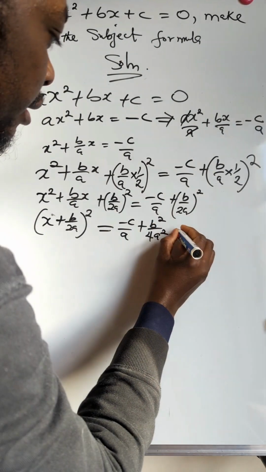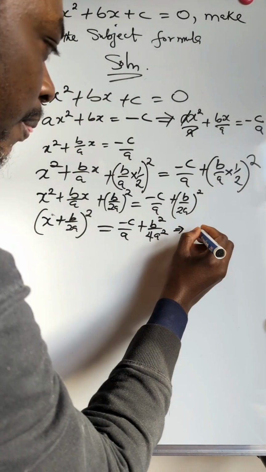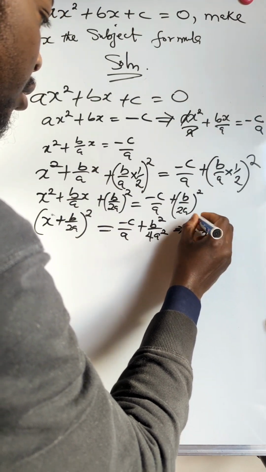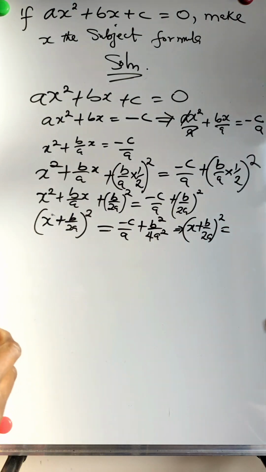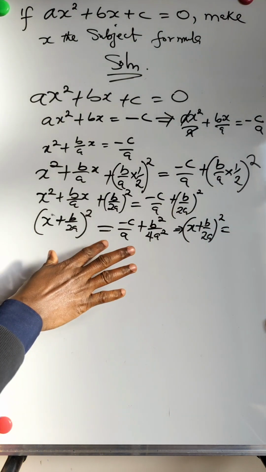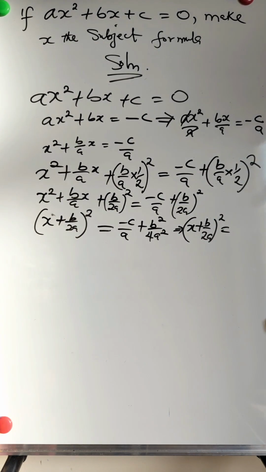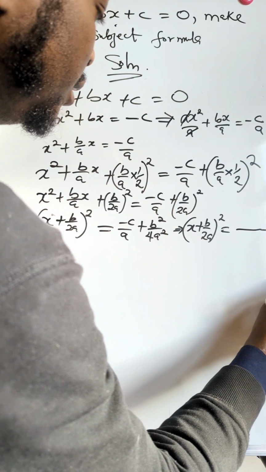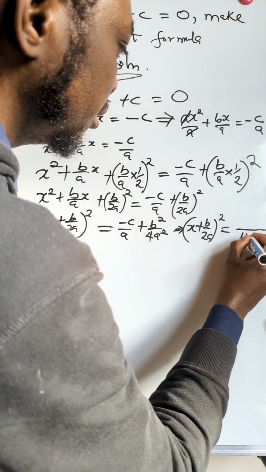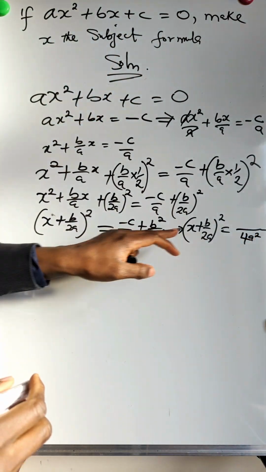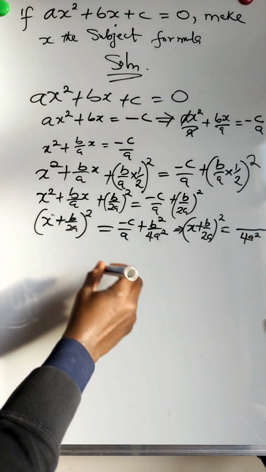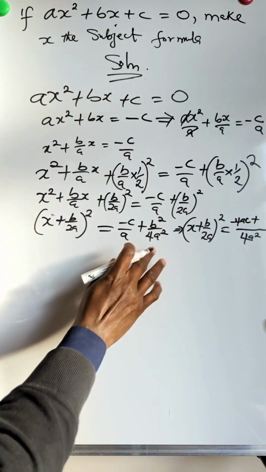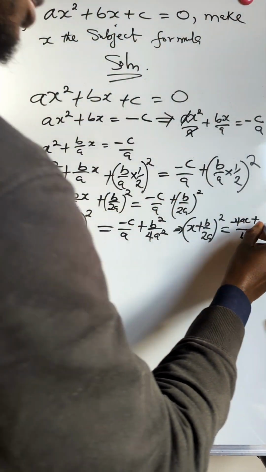So at this point, we have x plus b over 2a squared is equal to, now let's take the LCM of a and 4a squared. The LCM is 4a squared. A going into 4a squared is 4a, times c, minus 4ac, plus 4a squared going into 4a squared is 1, plus b squared.